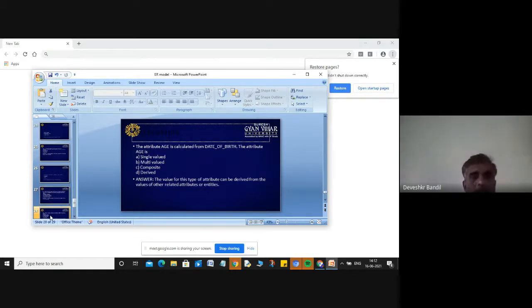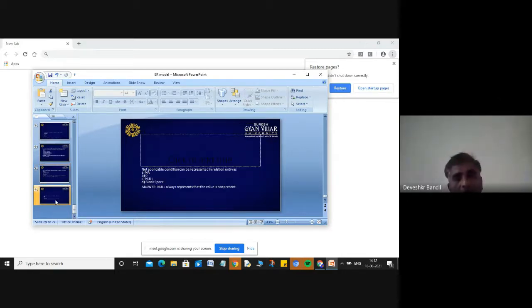And the attribute age is calculated from your date of birth. Obviously, I told you your age is your derived attribute because you can derive the age from your date of birth, and your age attribute is not directly present in your database, but your date of birth is directly present in your database.